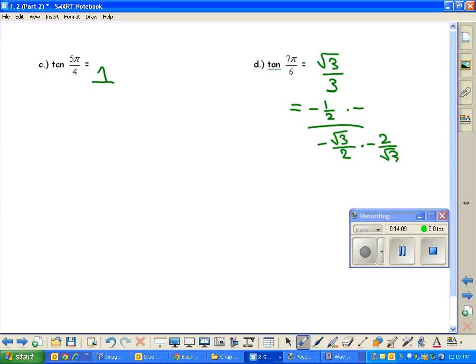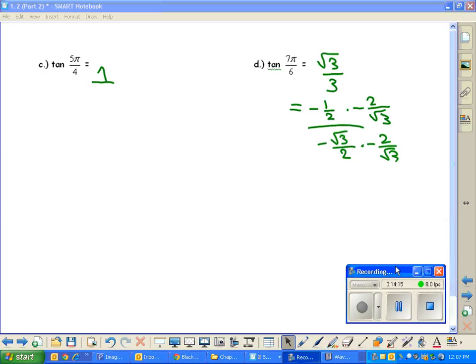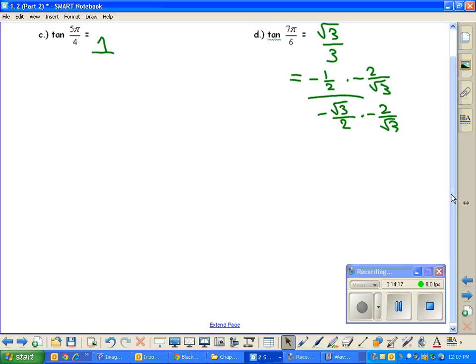Or else you won't have it over 1, you'll have it over negative 1. So make sure you carry through the negative. So we have everything in the denominator canceling out to be 1. In the top, our 2's cancel out. We have a negative times a negative. That's just a positive. So we have 1 over root 3.